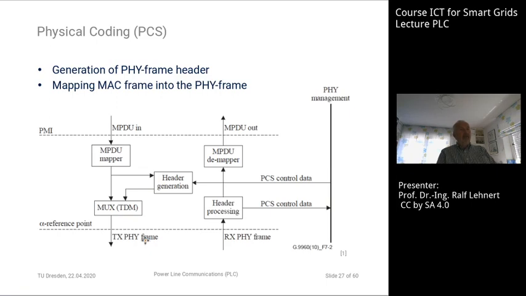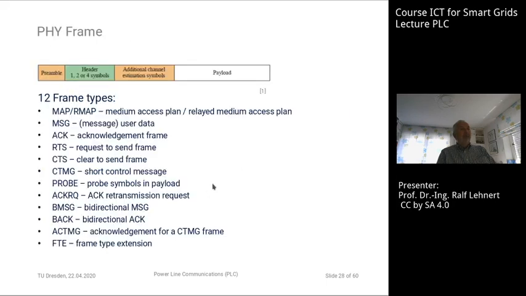I don't want to go into detail. You can read much more in the standard documents, and there are also books which describe this in detail. It is important that there are a couple of different possible PHY frames, especially adapting to the situation, whether we have only short messages.